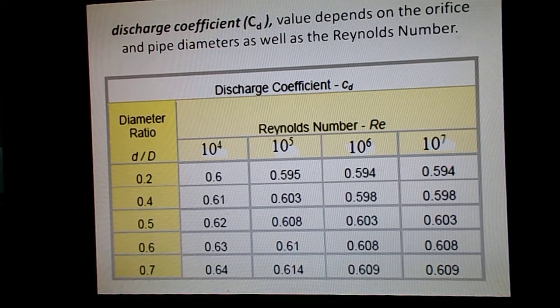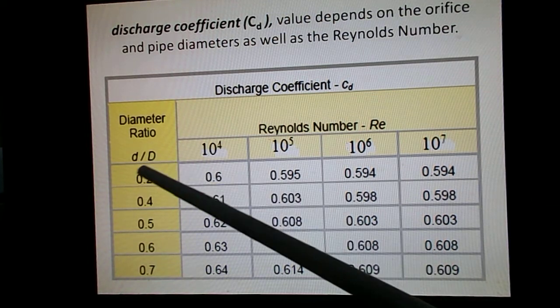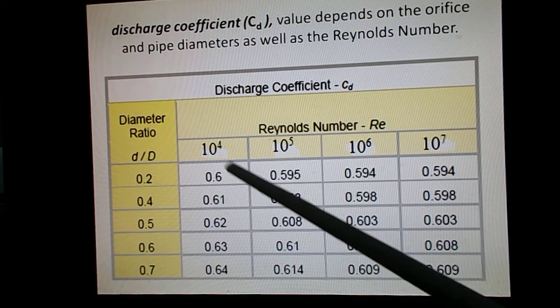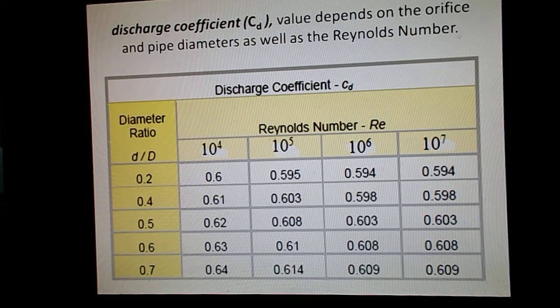Here are some typical values of the correction factor which we have given with the help of a table. So here we can see that discharge coefficient is a function of the ratio of small d by capital D and Reynolds number.